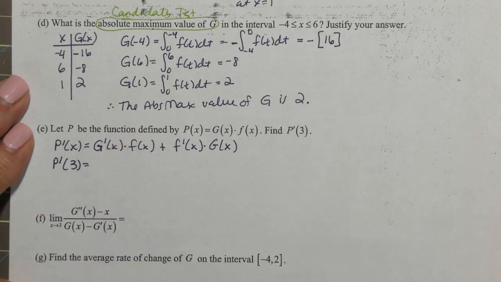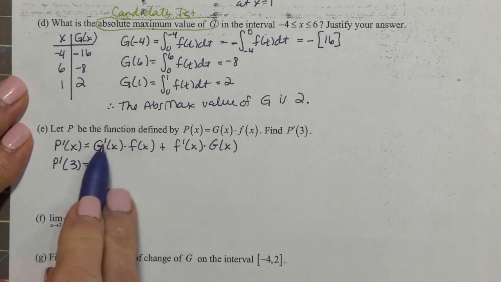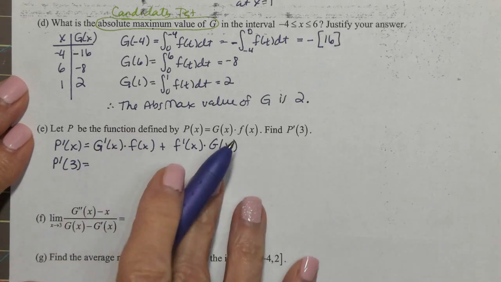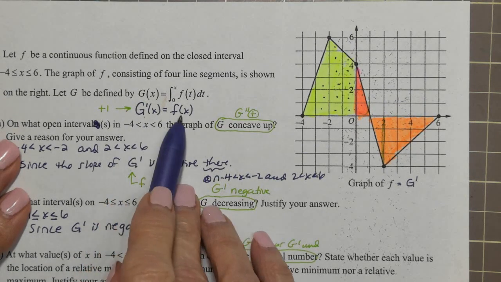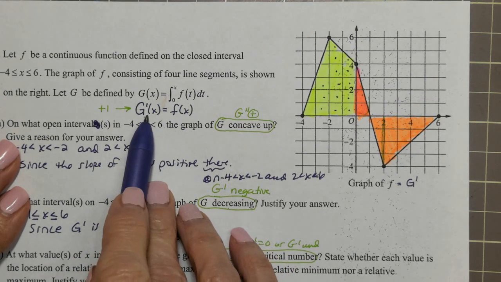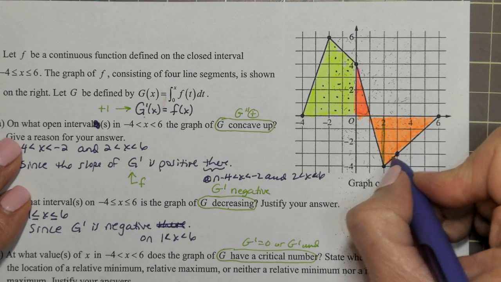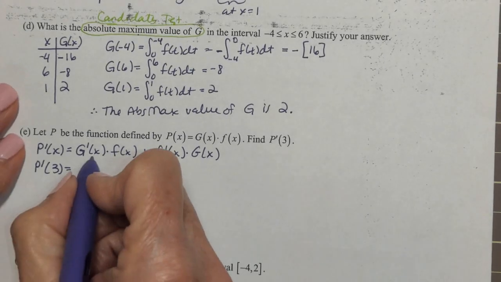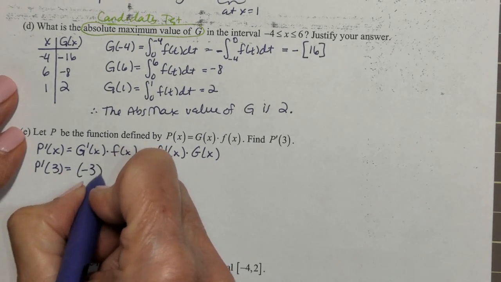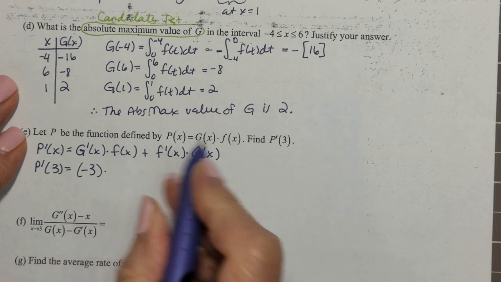Now we're going to put 3 in for x. G prime of 3. G prime is f. So g prime of 3 is f of 3, which is -3. G prime of 3 is -3, times f of 3.